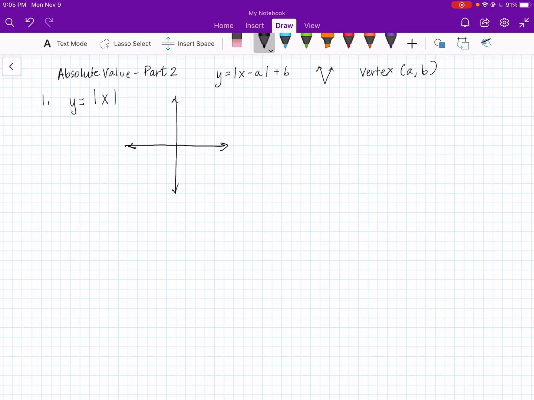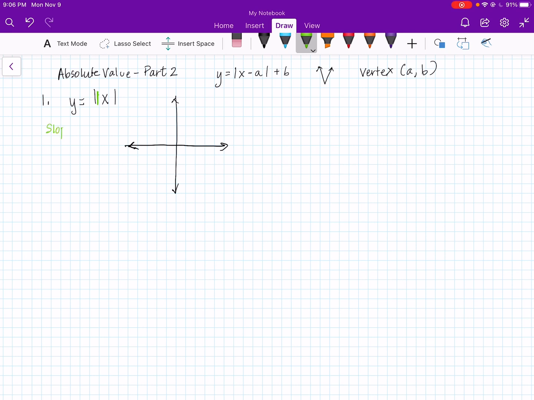Just like we did with linear, sometimes you don't have to plug in the numbers to be able to graph it. For instance, right here, just like the coefficient on the x with the linear, you have the same coefficient on the x with absolute value. So in front of here, that is the slope.